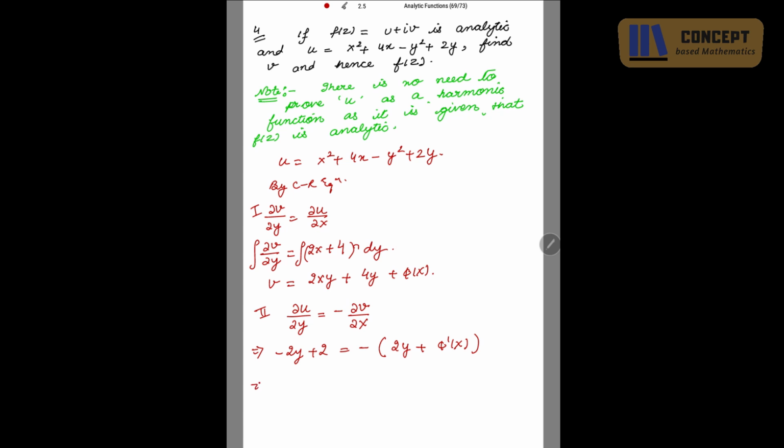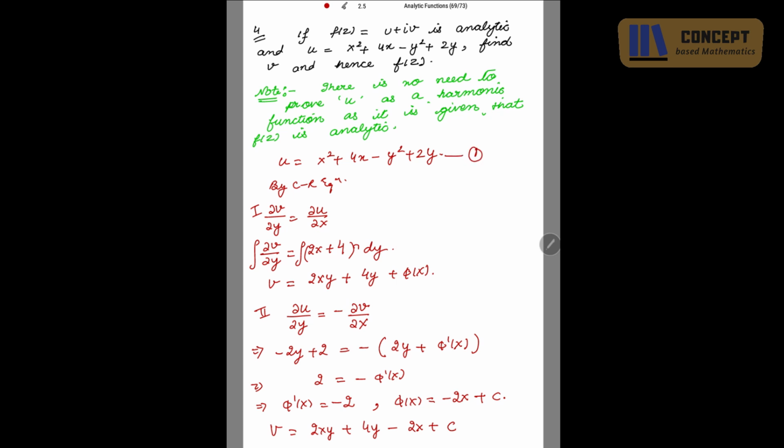Fine. So minus 2y cancels out. I will be getting 2 is equal to minus phi dash x, or phi dash x is equal to minus 2. On integration I will get phi of x is equal to minus 2x plus constant. So v will be 2xy plus 4y minus 2x plus the constant. So I finally get my v.